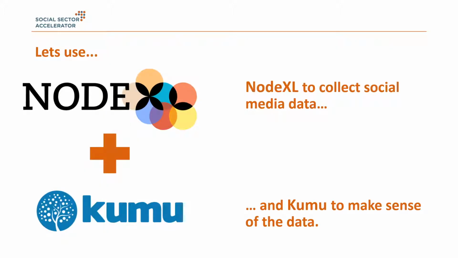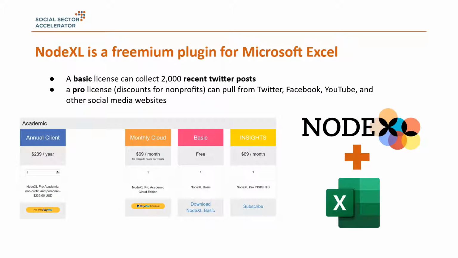So what we want to do is merge the two together. We want to use NodeXL to collect social media data and Kumu to make sense of that data once we've gathered it. Just a note, NodeXL is a freemium plugin for Microsoft Excel. You can search for NodeXL online, download the plugin and install it, and you can get a basic license for free, which will allow you to do the 2,000 most recent Twitter posts of a given query.